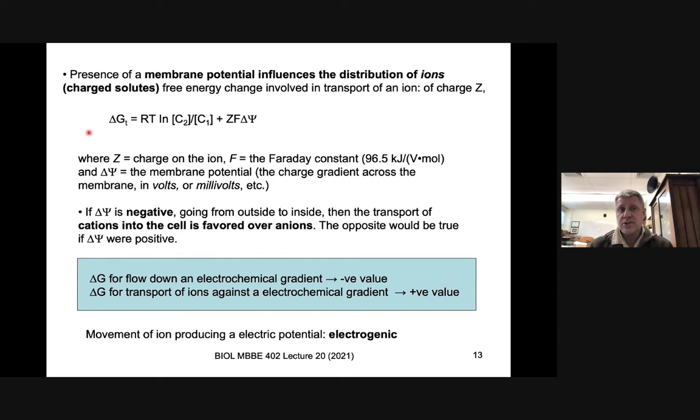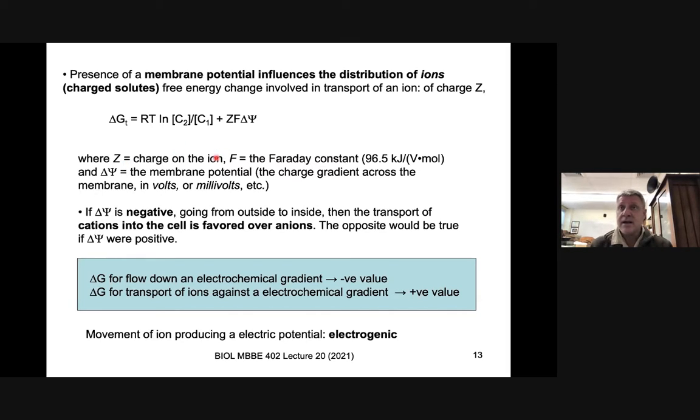So the delta GT, the energy to transfer one molecule from one side to the other, might actually be hindered by the overall charge state of the molecule and the opposing charge state of the membrane. So we can add a part to the equation to account for the influence of the charge state, not just the concentration, where Z is the charge on the particular ion that is present.